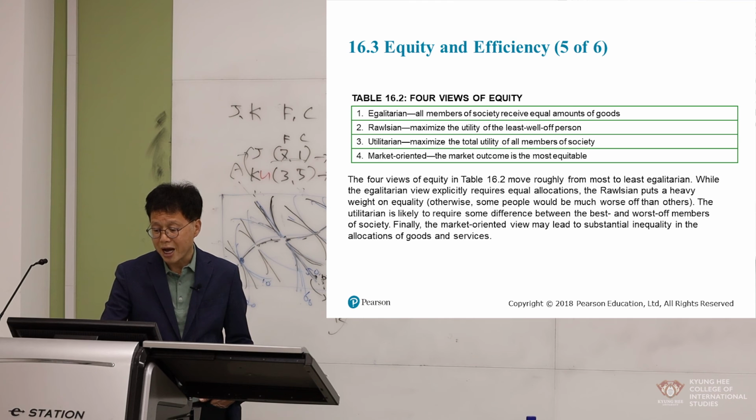Finally, the market-oriented view may lead to substantial inequality in the allocation of goods and services. Okay? Economists prefer the market-oriented view. And rich countries like the United States or European countries emphasize the Rawlsian approach. Socialist countries prefer the egalitarian view. I don't know. How about Korea? Evaluate for yourself.